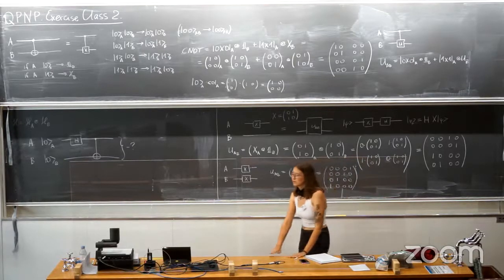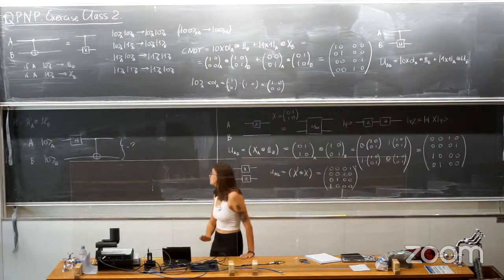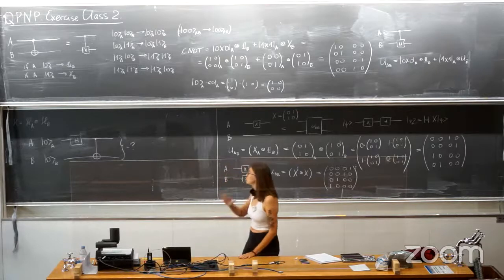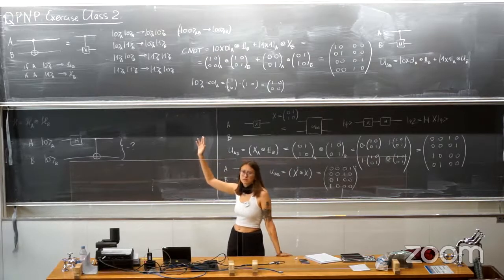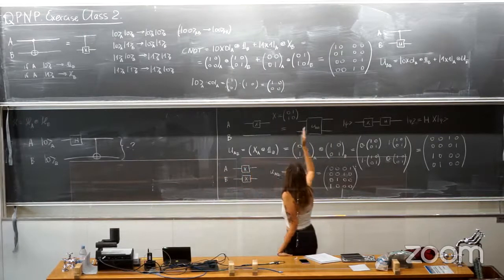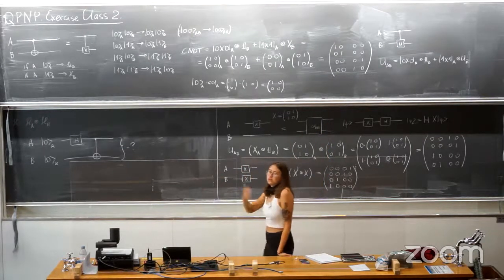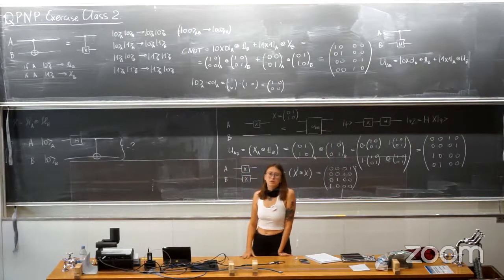Okay, good question. Allow me to alleviate this misunderstanding. When I describe the action of the gates, yes, I describe it in the computational basis, but it is a unitary. And the fact that it's a unitary does not depend on which basis we describe things in. In the end, we just get this matrix, which is written down with respect to the computational basis, but it can be applied to any initial state.